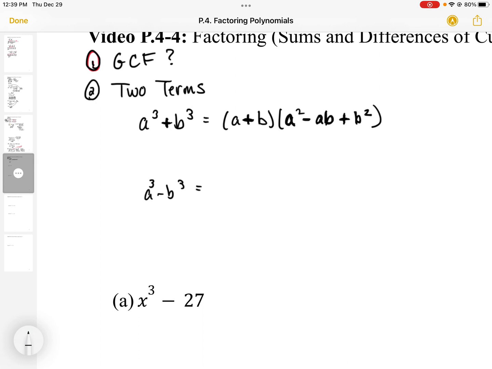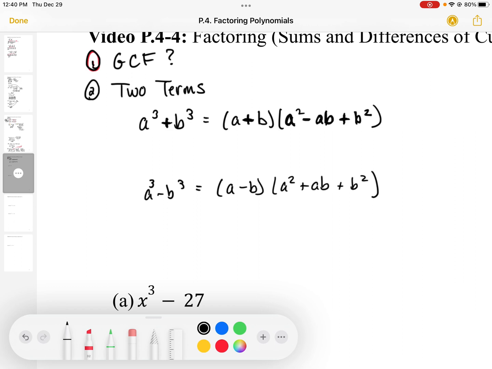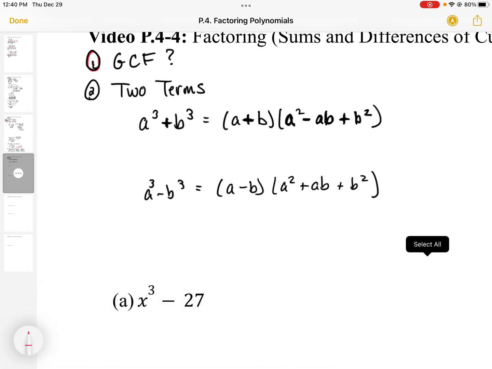The other case, a difference of two cubes, we can factor as a minus b times a squared plus ab plus b squared. In both cases, notice the sign in the binomial is the same as the sign in what you're factoring.